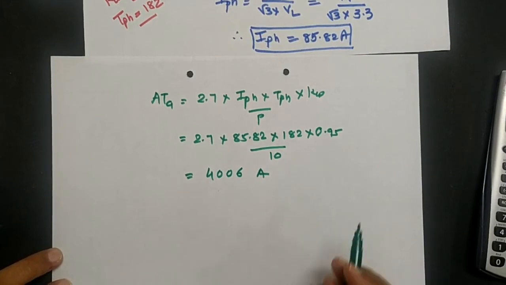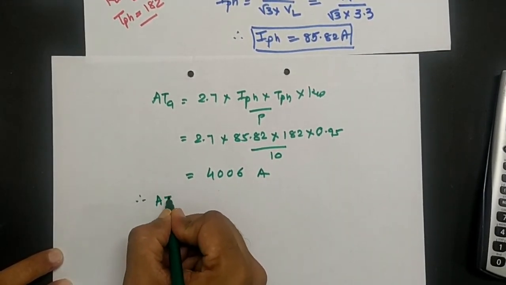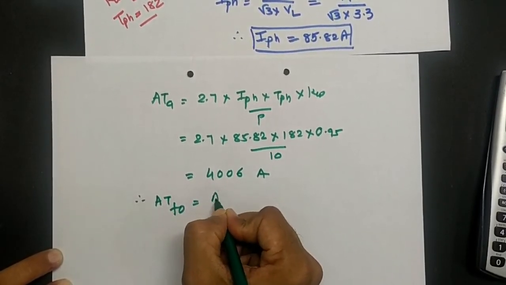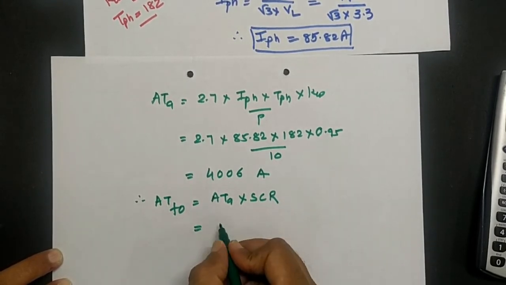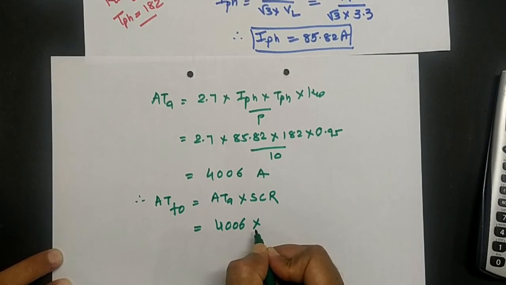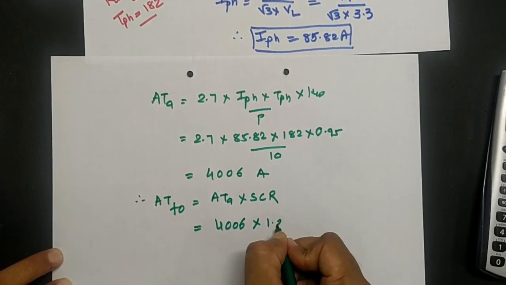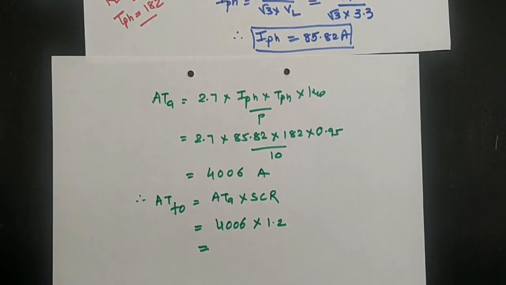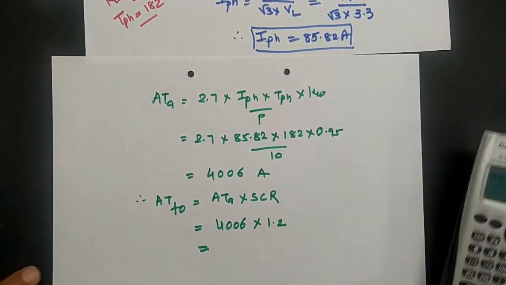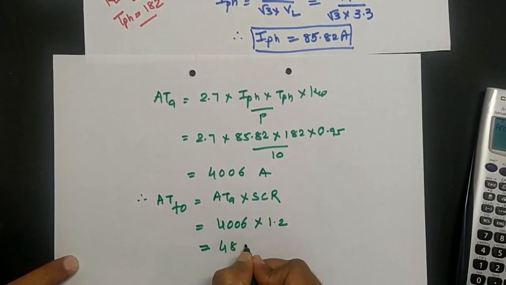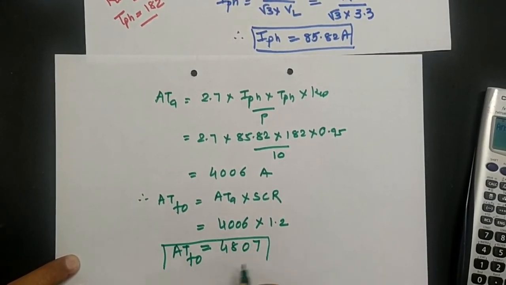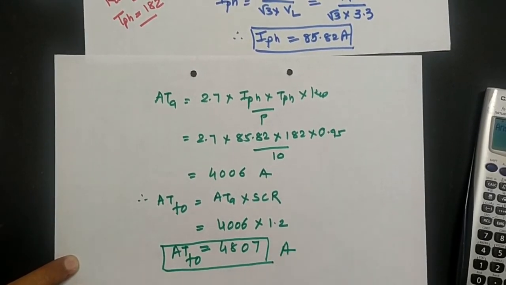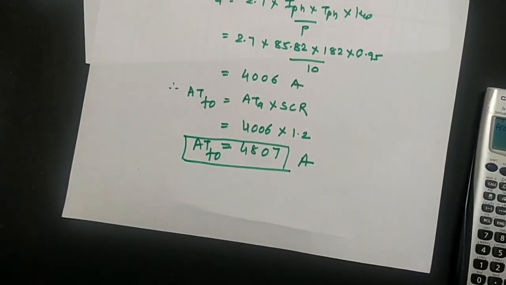Now the ampere turns for the field is ampere turns for the armature multiplied by SCR. So 4006 multiplied by 1.2 is 4807 ampere, the ampere turns for the field.